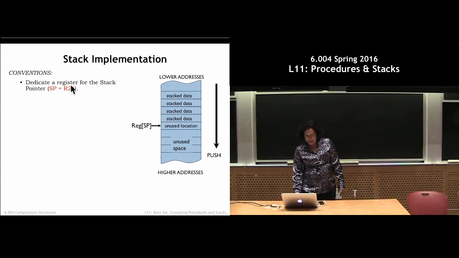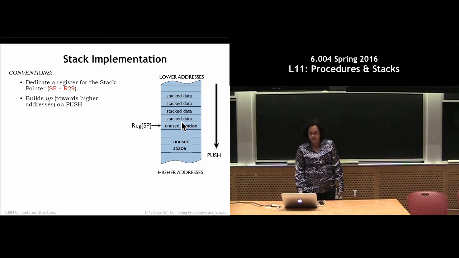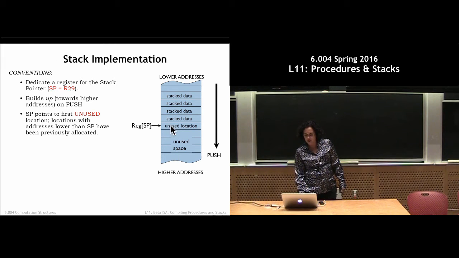So this stack pointer points to an unused location in our stack. And the convention is, our stack starts at lower addresses, and every time we push something onto the stack, we're pushing it onto a higher address, okay? And the stack pointer itself is always pointing to the next unused location.